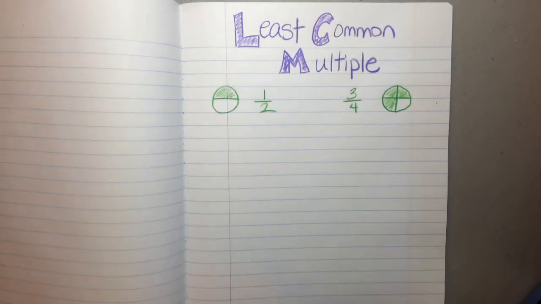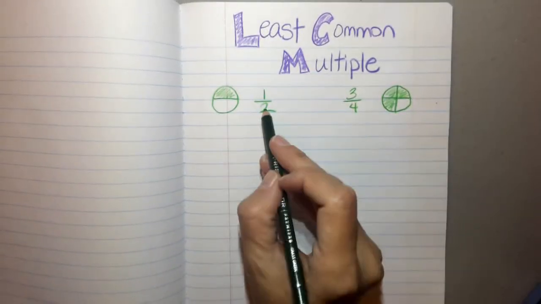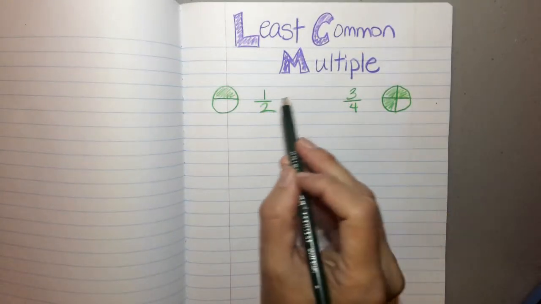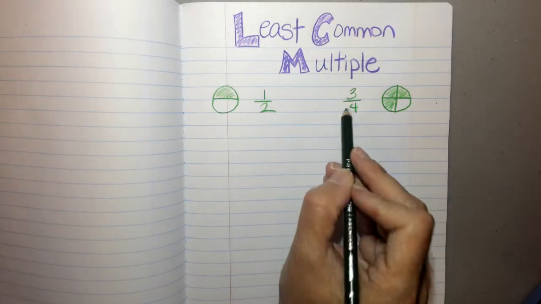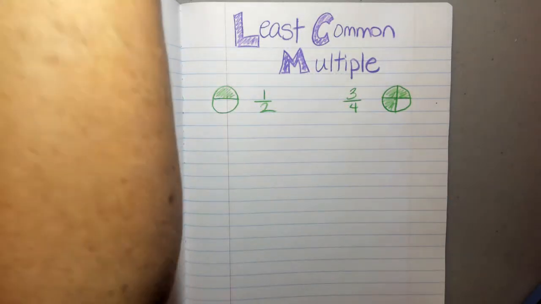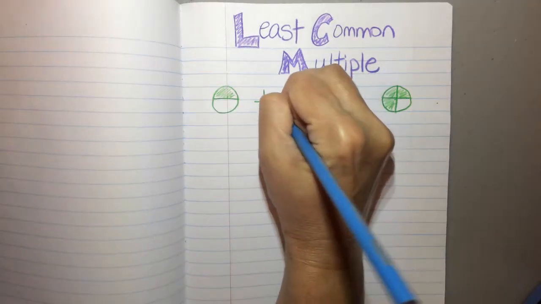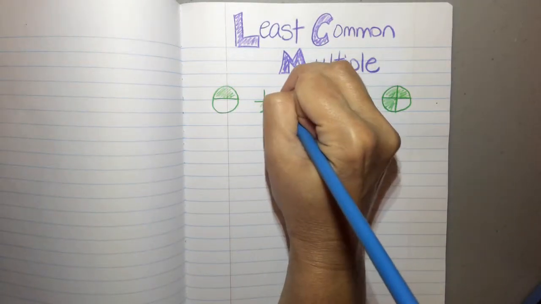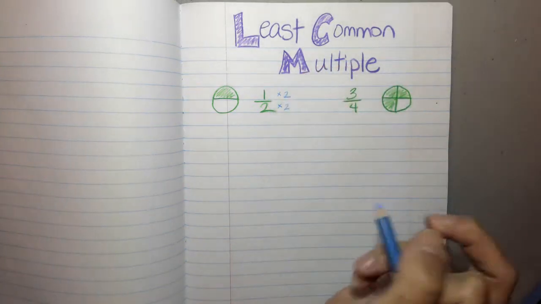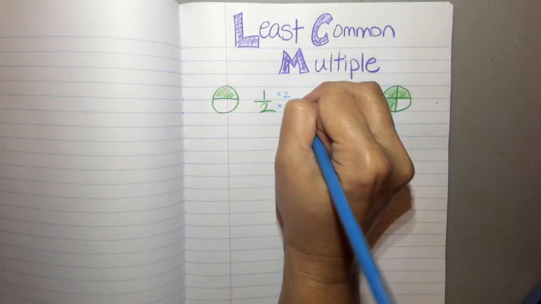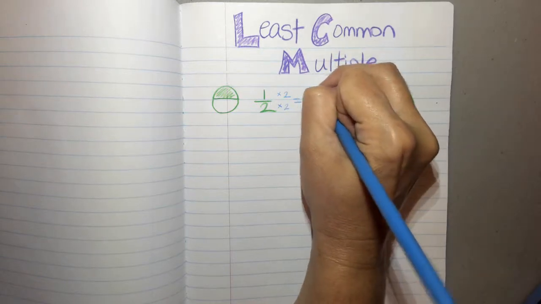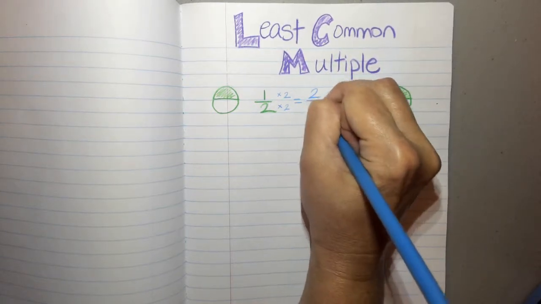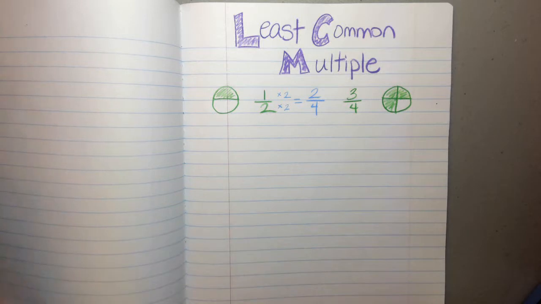Okay, so I think it's pretty obvious to a lot of people that you can get from 2 to 4 fairly easily, right? 2 times 2, and we have to do the same, top and bottom, okay? 1 times 2 is 2, 2 times 2 is 4, okay?